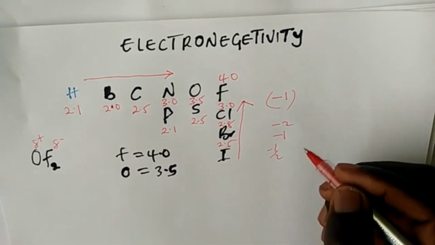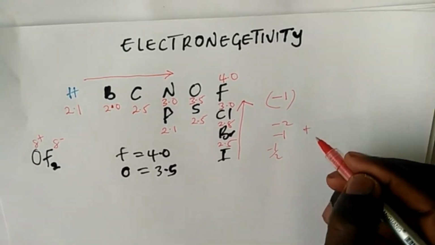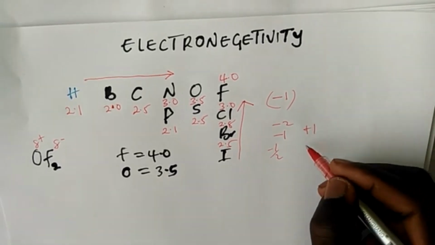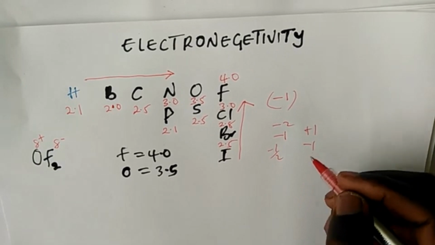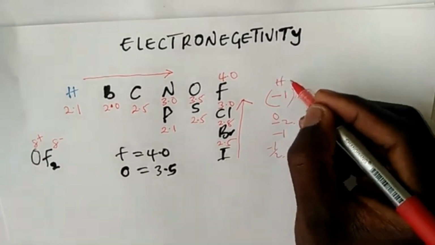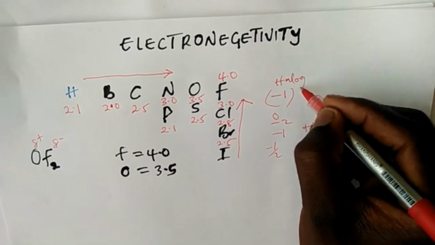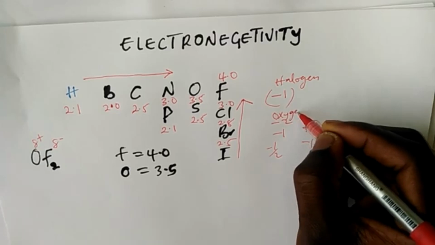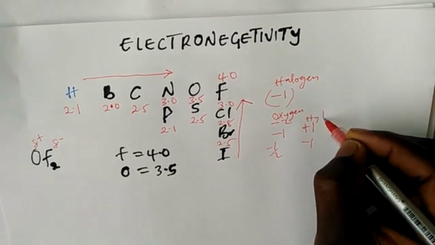We know oxygen to carry +1 when it's attached to a non-metal, and it's carrying -1 when it's attached to a metal, right? So this is for oxygen, this is for halogens, and this is for hydrogen.